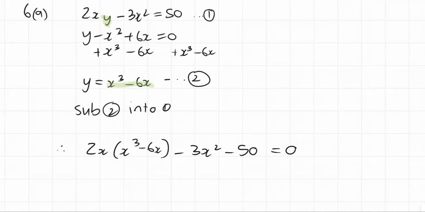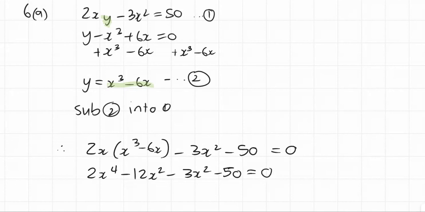So then just a matter of timesing out these brackets. 2x times x3 is 2x4. Minus 6x times 2x is negative 12x squared, minus 3x squared, minus 50 equal to 0.